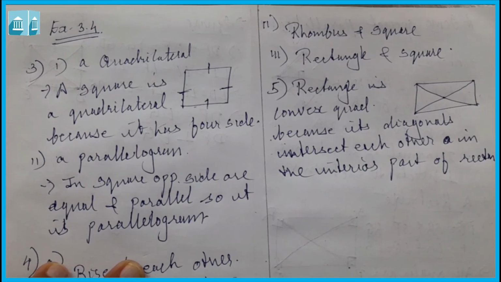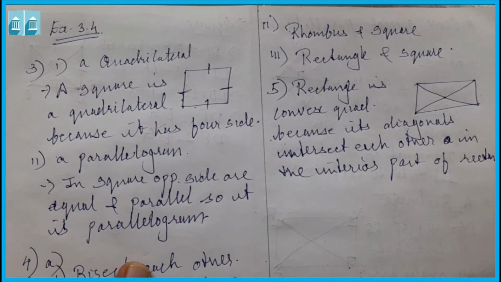So we can say that a rectangle is a convex quadrilateral. Now question number 6 you can do by yourself.